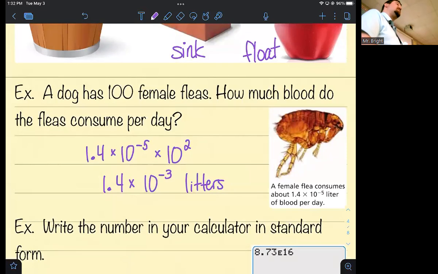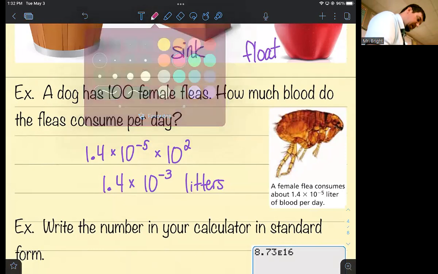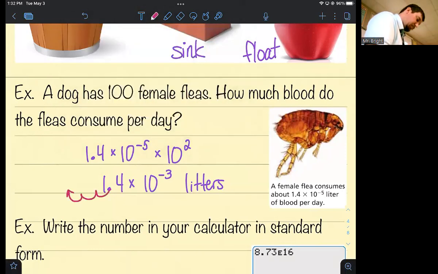And if you want to write that in standard form, you'd move the decimal how many times? 3 to the left. And that would give us an answer of 0.0014 liters. Again, very small amount of a liter. A liter is pretty big.